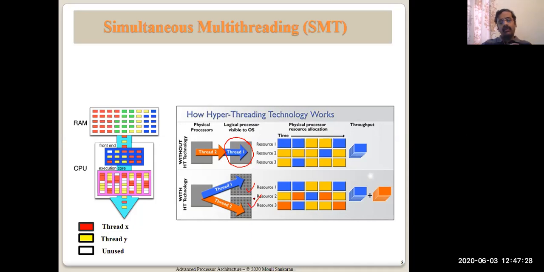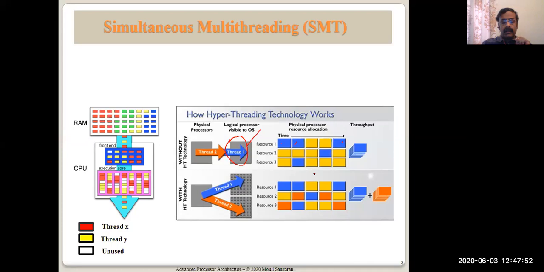If I don't have two and I have only one, I call it one single logical processor. Now I'm showing you both to make you understand. Here only one logical processor is there, similar to what we have seen so far. That means I can have only thread 1 coming in first, and it is running now.